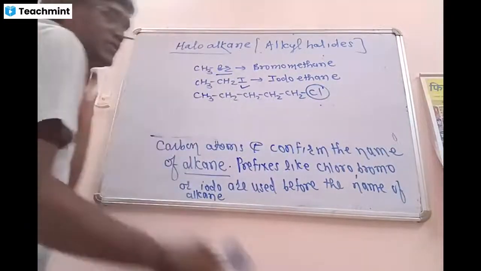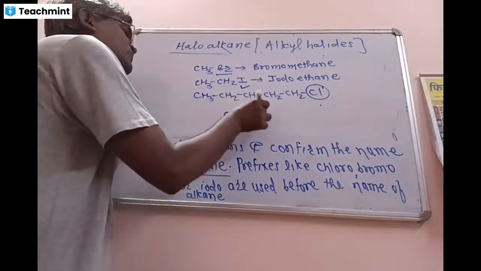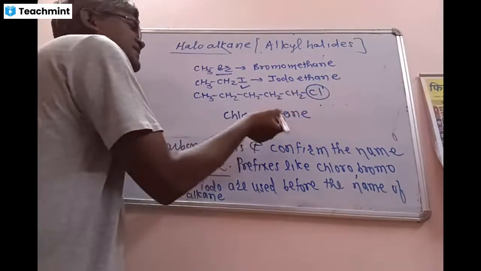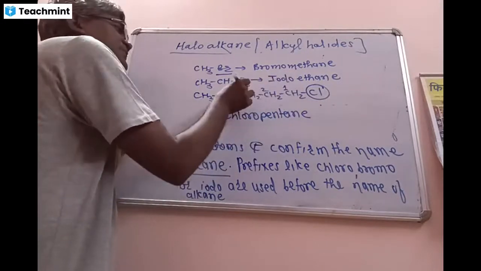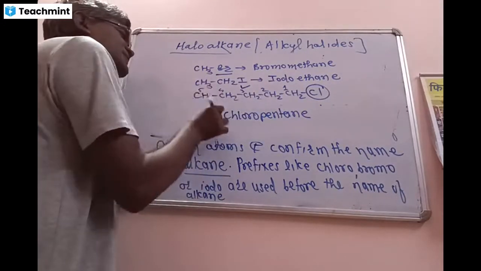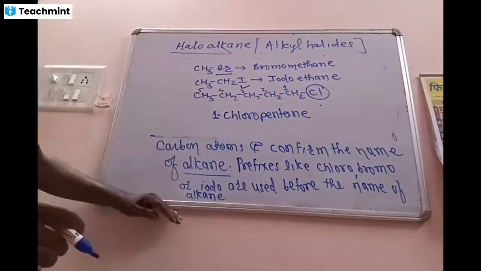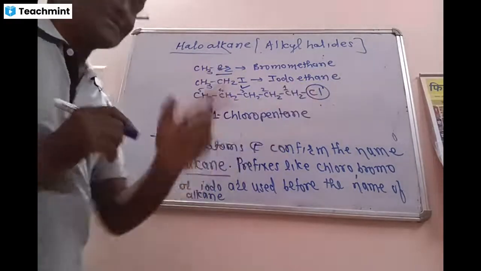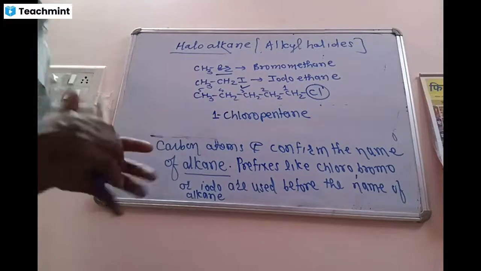So now the name will be chloropentane. Where is it now? Carbon number 1, right? You have to write 1-chloropentane. This is the second rule: the position of halogen is indicated by the least possible number from either end.